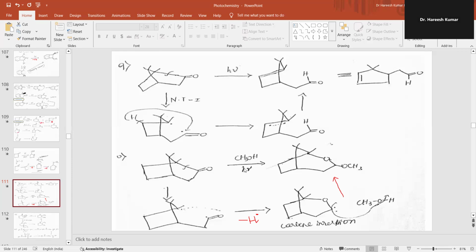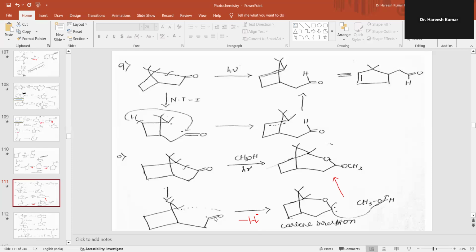So this reaction, if carried out in the presence of the alcohol, then as usual the first step will be the alpha cleavage, more particularly more substituted carbon cleavage, leaving behind an alkyl radical and an acyl carbon radical, and there will be a carbene formation. How is the carbene formed?